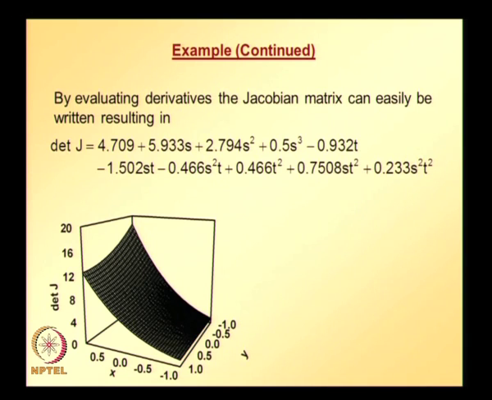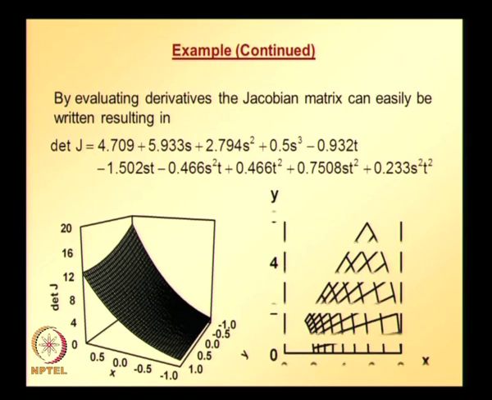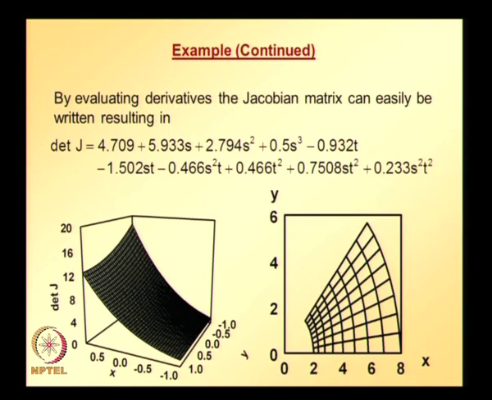The other way of checking is we can also plot x y, because we already obtained expressions of x and y with respect to s and t. So, we can plot that, and if you compare this figure with the actual element, you can see this is exactly looking same as the actual element.